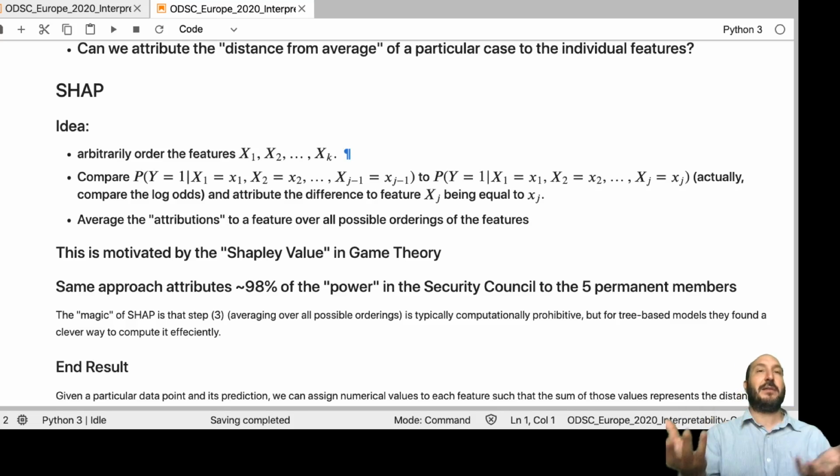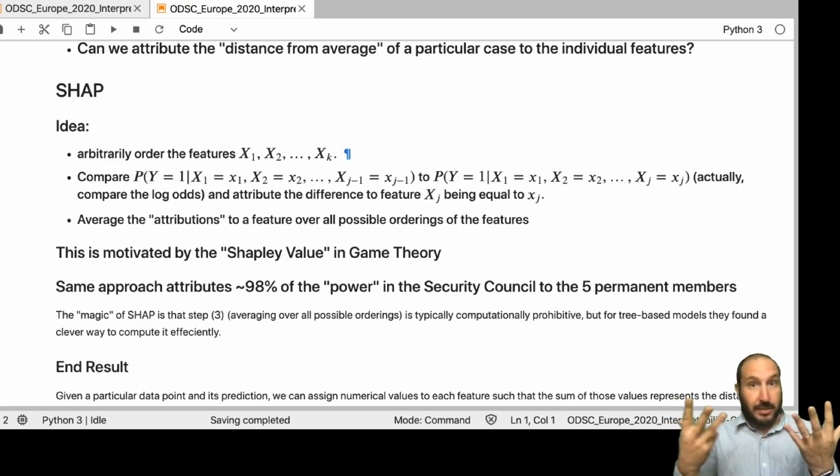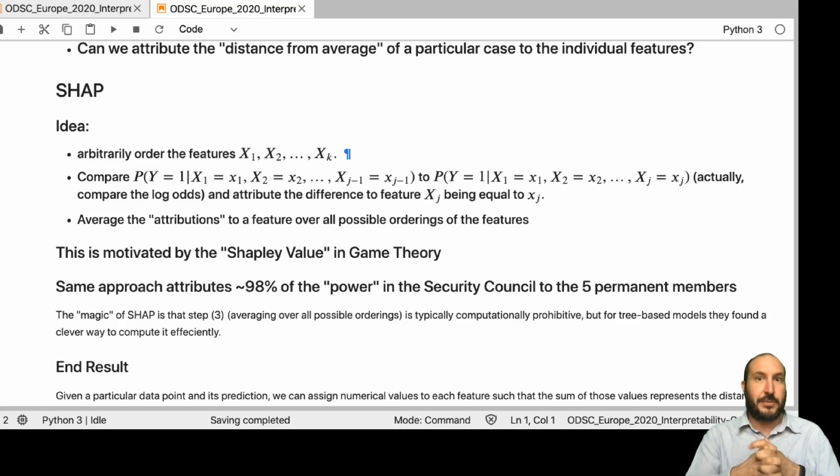Suppose I randomly ordered the features. So I start out and I have a person, and you ask me, what's the probability they're going to buy an umbrella policy? And at first I don't know anything about them. So I just say 15%, because that's my baseline prediction. I know 15% of the people in the data set bought umbrella policies. I don't know anything else, so I'm going to guess 15%.